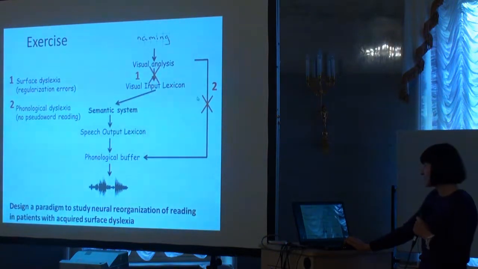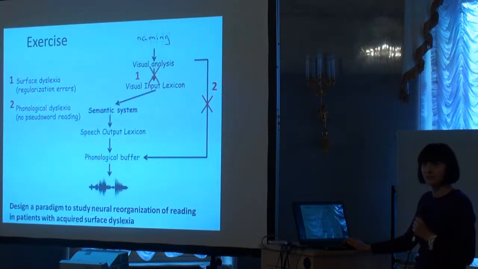And another kind of dyslexia is in contrast, when this pathway is compromised, and then you are obliged to go through the whole system. But it means that, of course, using this system, you can read both regular and irregular words, no problem, because they are all words of your language, and they are in your lexicon.